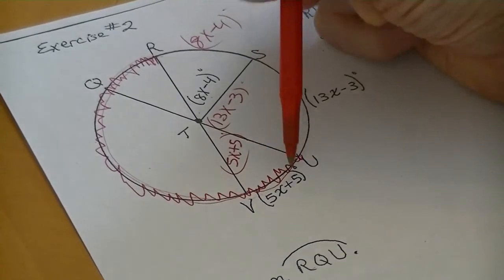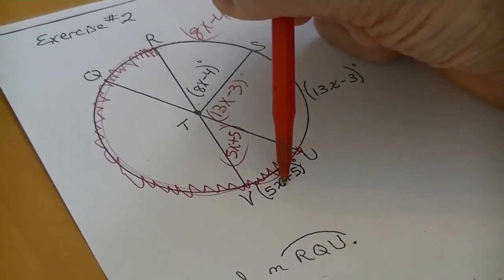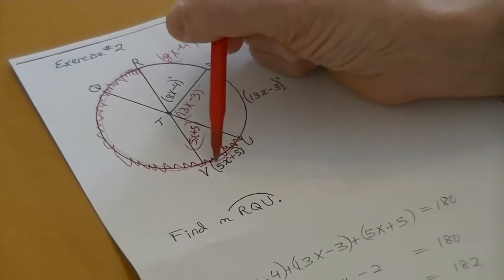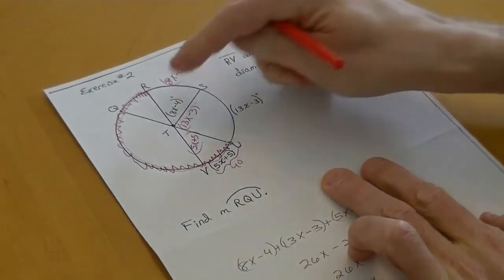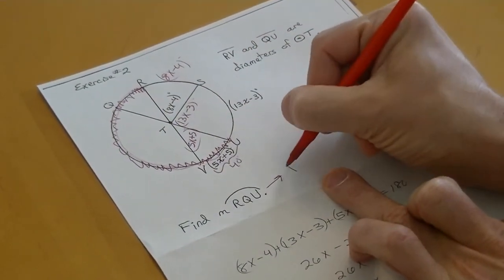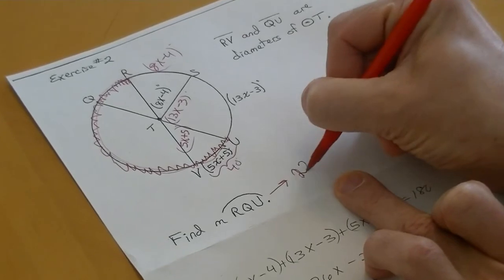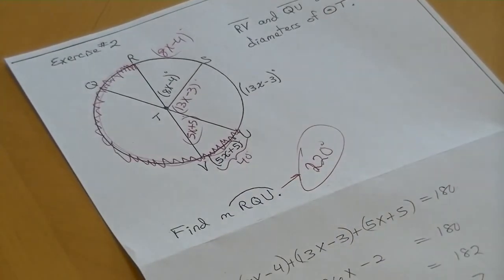So what's this piece? 5 times x plus 5, 5 times my x value of 7 plus 5, that's going to be a 40 degree arc here. So if that's 40 degrees, I've got 180 plus 40. The answer to the question has to be 220 degrees. Hope that helps you guys.